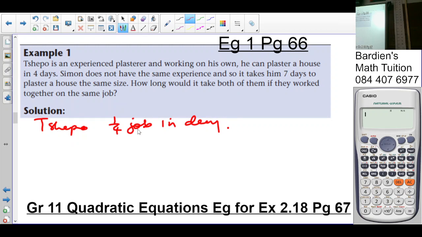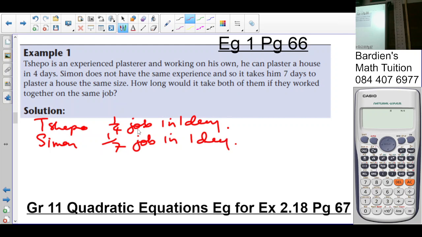Simon, however, it takes him 7 days to complete the same job. So how much of the job can he complete in 1 day? 1/7. Not so? A seventh of the job in 1 day.